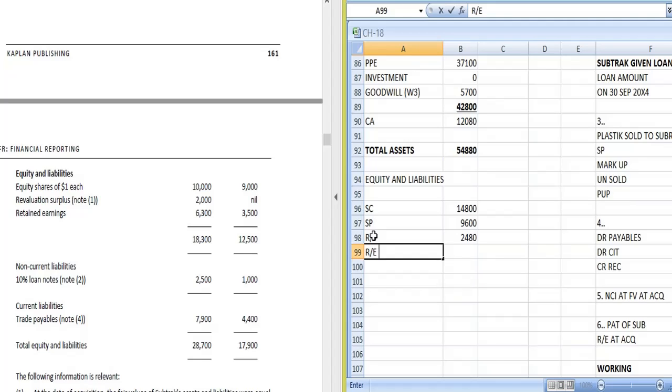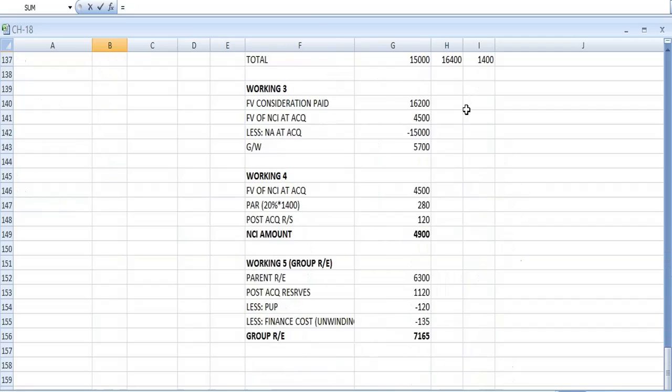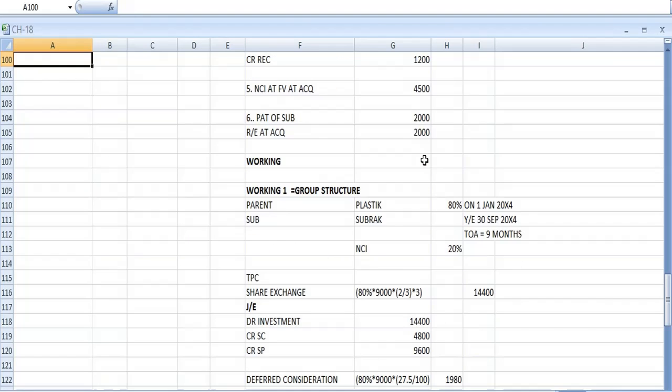Then retained earnings we have already calculated. So we will take the group retained earnings here, which we have calculated in working 5, just to give the indication that we have calculated it in working 5. Okay.